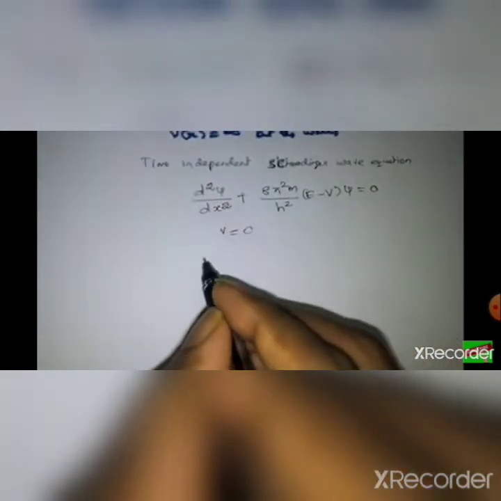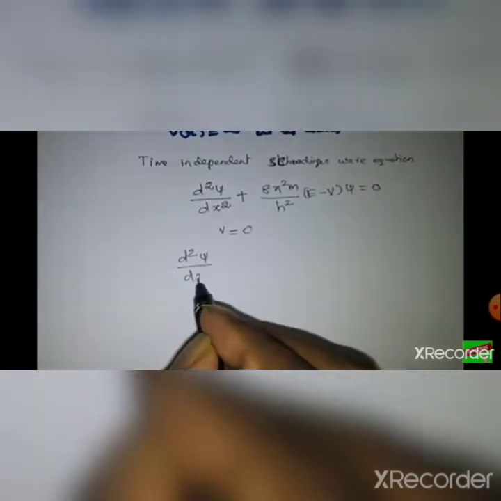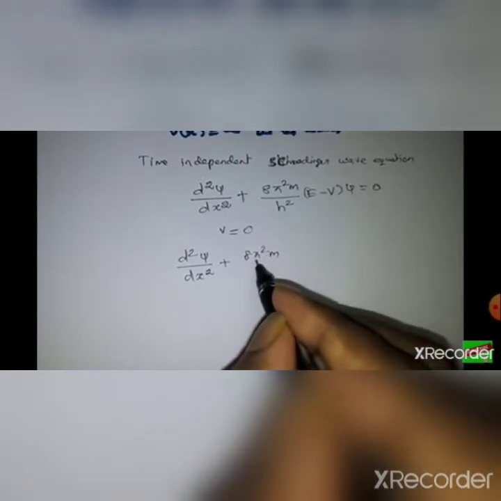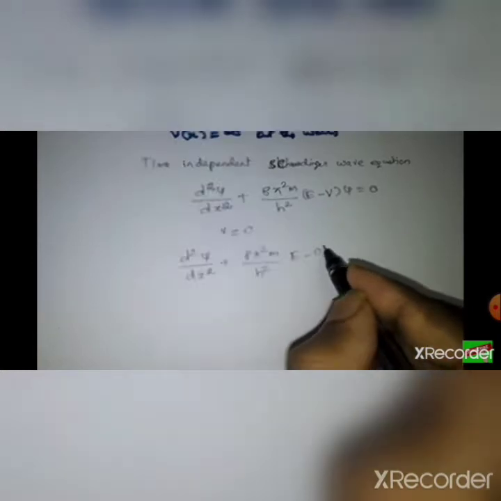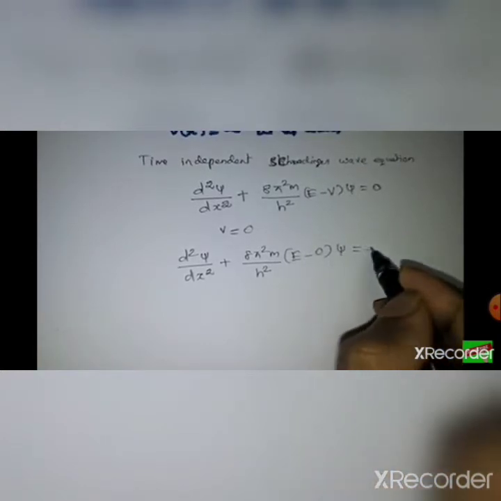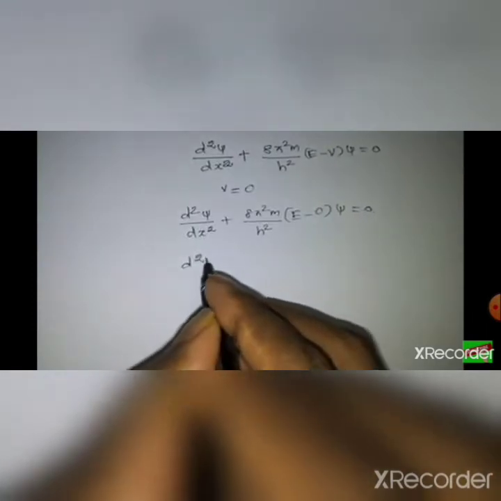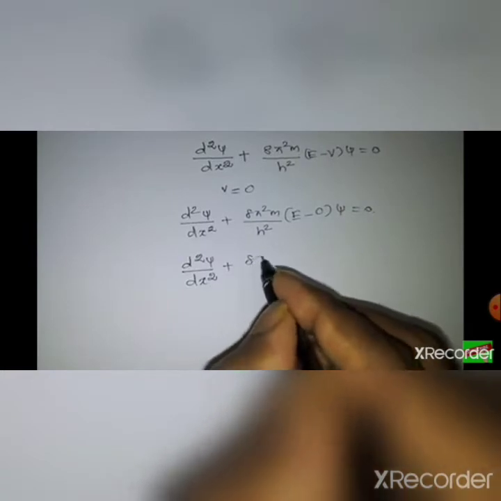Now if we apply the condition inside the box, then V is equal to 0. By applying V equal to 0, our equation becomes d square psi by dx square plus 8 pi square m by h square into (E minus 0) into psi, equal to 0.